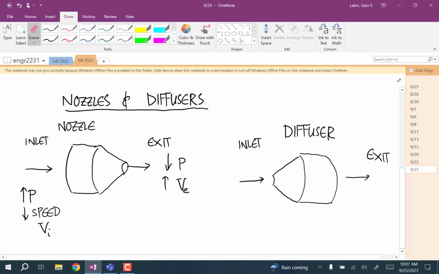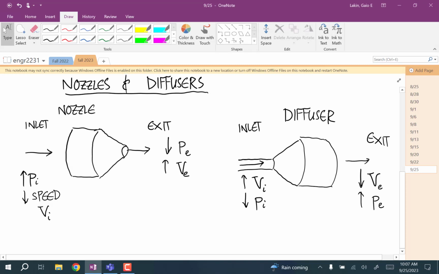Well, you would need this fluid to be coming down a pipe or something. But you have a high speed at the inlet and a low pressure. And then at the exit, you have a low speed and a high pressure. So that's what we're trying to accomplish with this thing. That's why you put those in there.